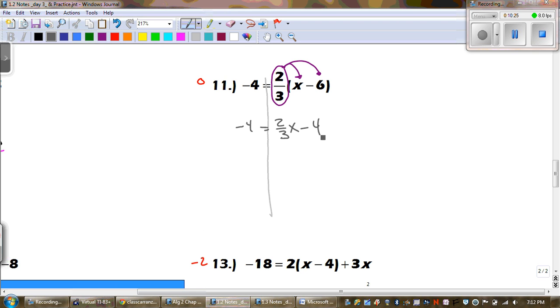Either way, you should get 4. Okay. And I'm going to add 4 to both sides because I want to get the x by itself. And -4 plus 4 is 0. And now my next step is to multiply by the reciprocal. And you should not need to plug that into your calculator because 0 times anything is 0.